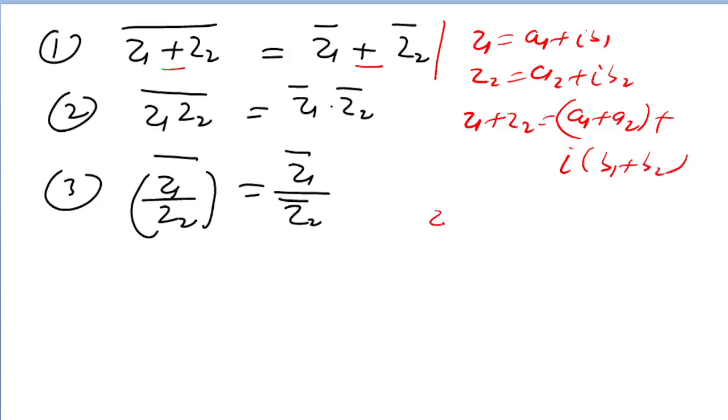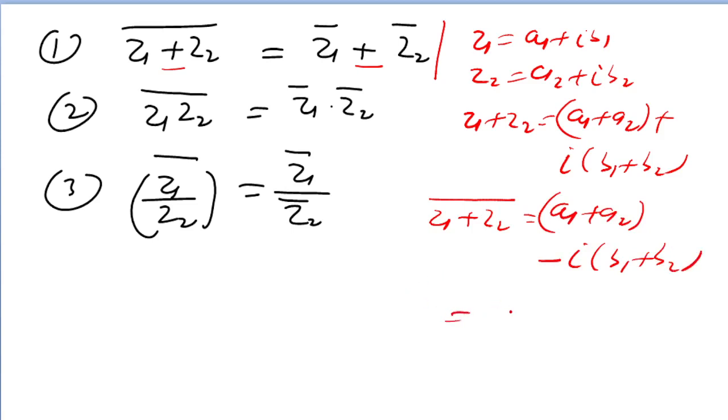So the conjugate of z1 plus z2 is, replacing i with minus i, a1 plus a2 minus i times b1 plus b2, and this is nothing but a1 minus ib1 plus a2 minus ib2, and this is z1 bar plus z2 bar. This is how we can prove it for the product also and the division also. For example, we can prove it for z1 bar by z2 also.